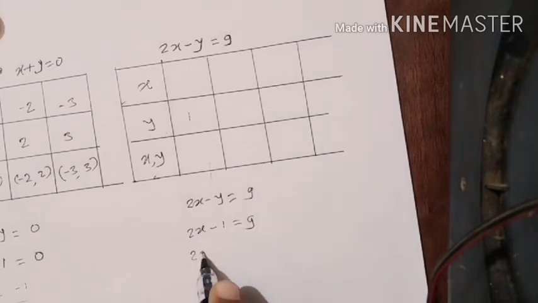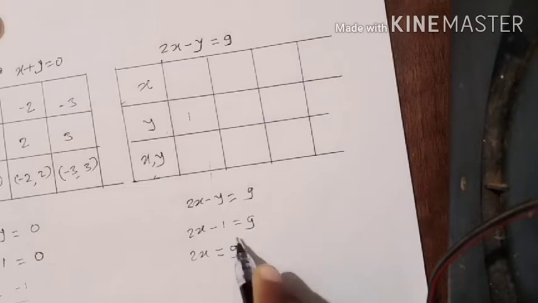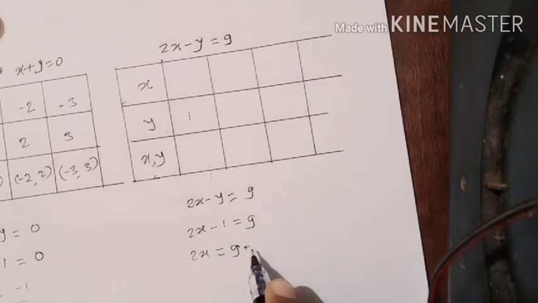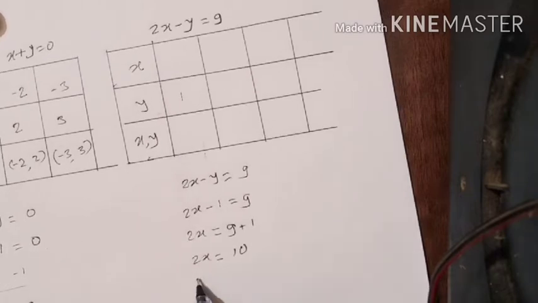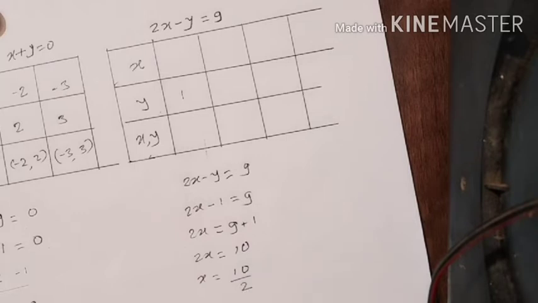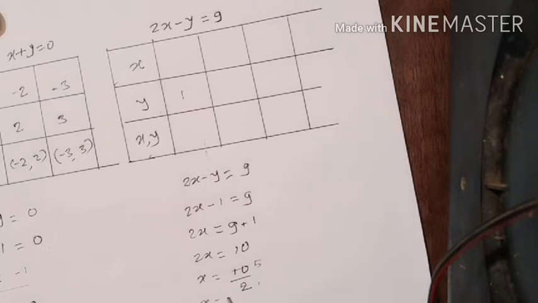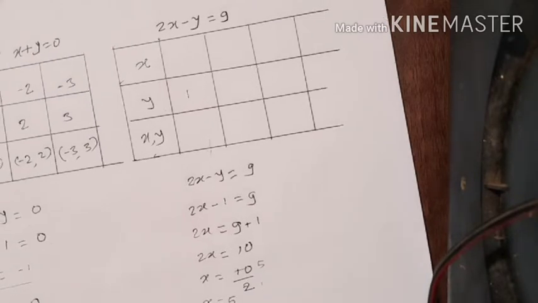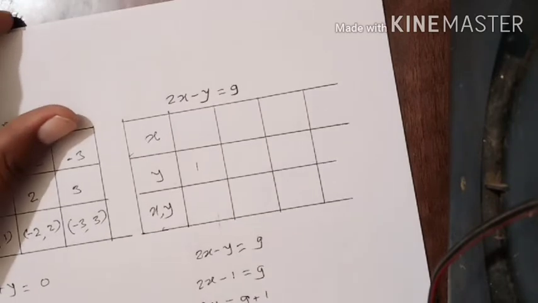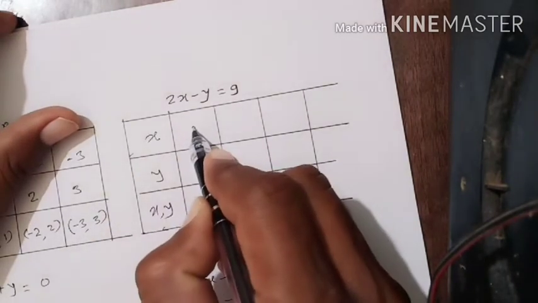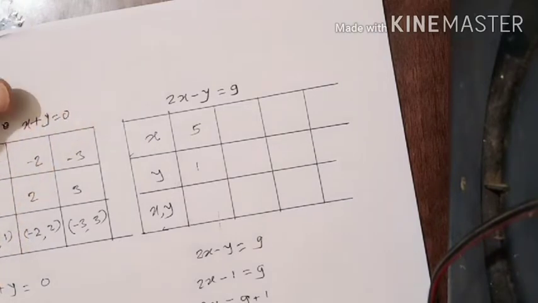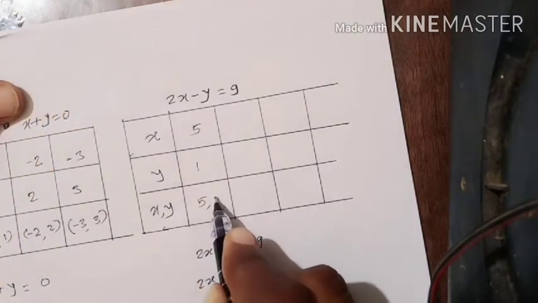Therefore, 2x is equal to 9 minus 1 becomes plus 1. Therefore, 2x is equal to 9 plus 1, that is 10 here. And x is equal to 10 divided by 2. Therefore, 2 1s are 2 and 2 5s are 10. Therefore, x is equal to 5. We will write this value of x in the box here, 5. Therefore, the coordinates of the point are (5, 1).